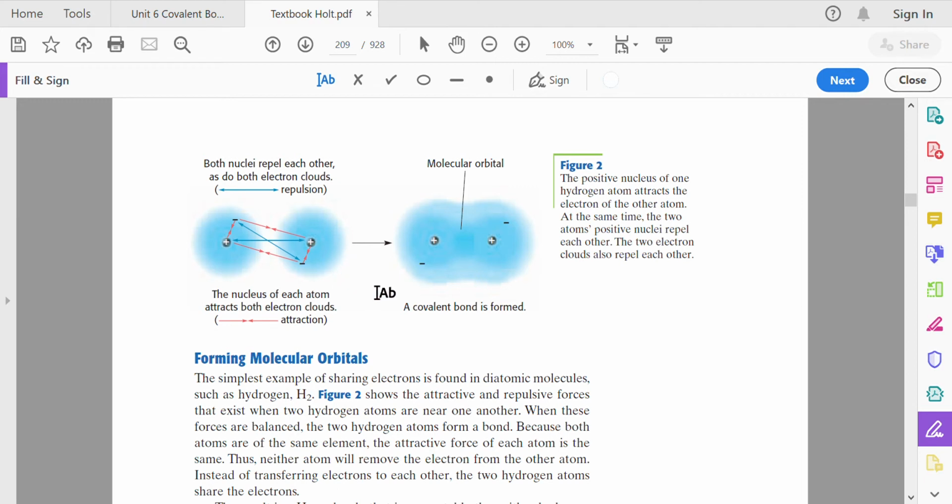So there's a push-pull relationship, and as they come together, they reach an optimal distance where the repulsive forces between the two nuclei are just balanced by the attractive forces between the proton and the other electron. And this is called a covalent bond. And the basic difference from an ionic bond is that the two electrons are shared equally between the two atoms.